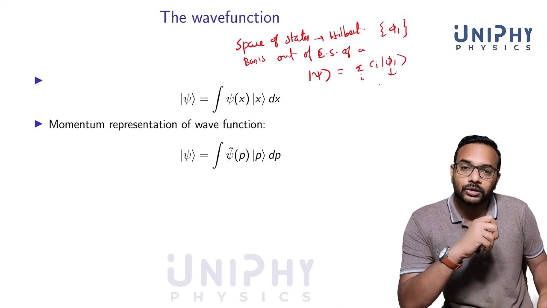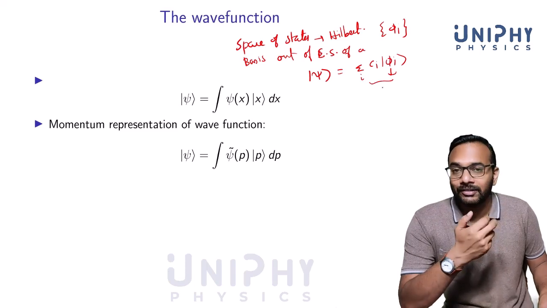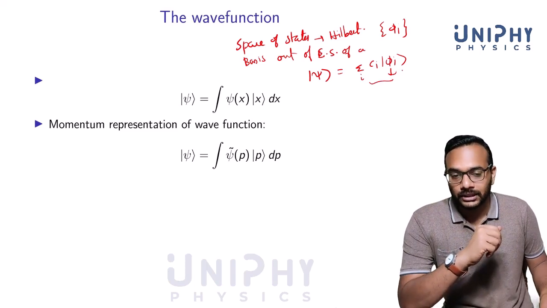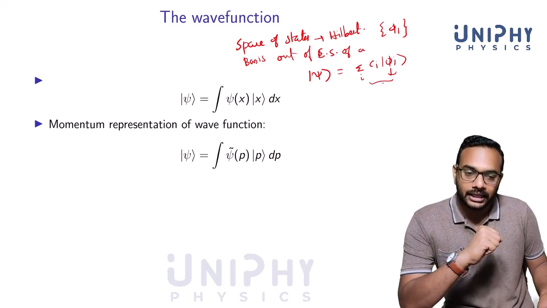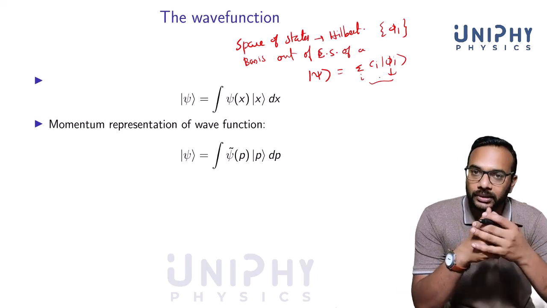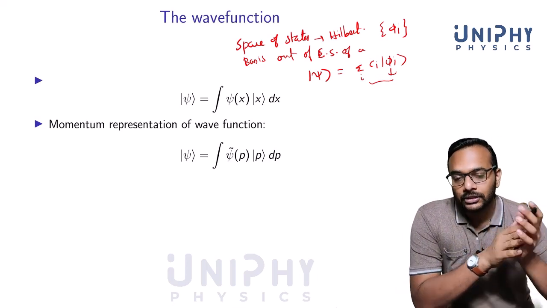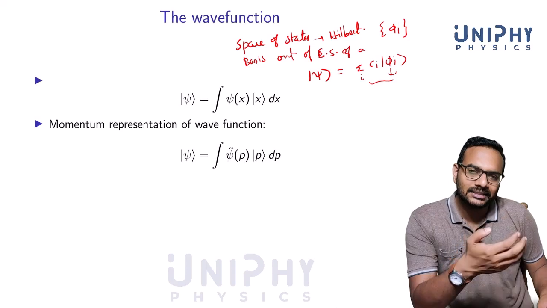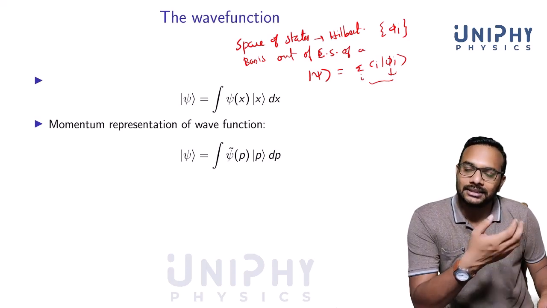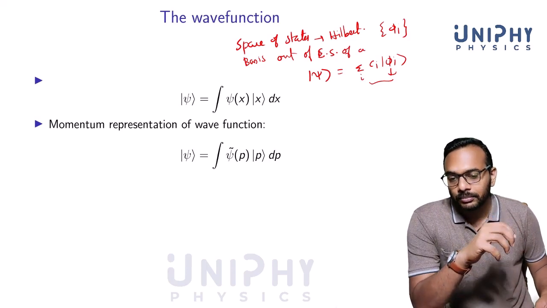Now, when you go to the coordinate representation, unlike this discrete set of eigenvectors, in the case of the position operator we have a continuous set of eigenvectors, which means that each point in space is a possible position eigenvalue.